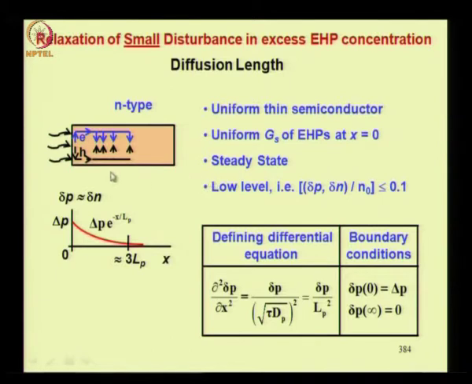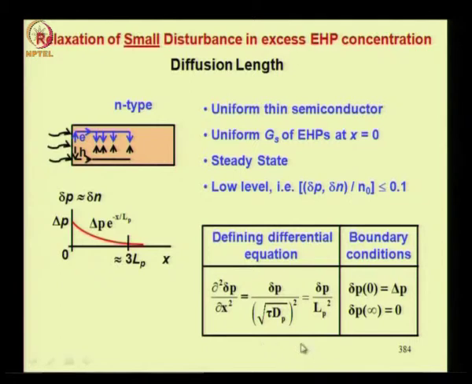So under these conditions it was shown that from the elevated excess carrier concentration at x equal to 0 a decay happens which is exponential as a function of distance, and the excess carriers decay and the system returns to equilibrium over a length of 3 times the diffusion length of minority carriers.